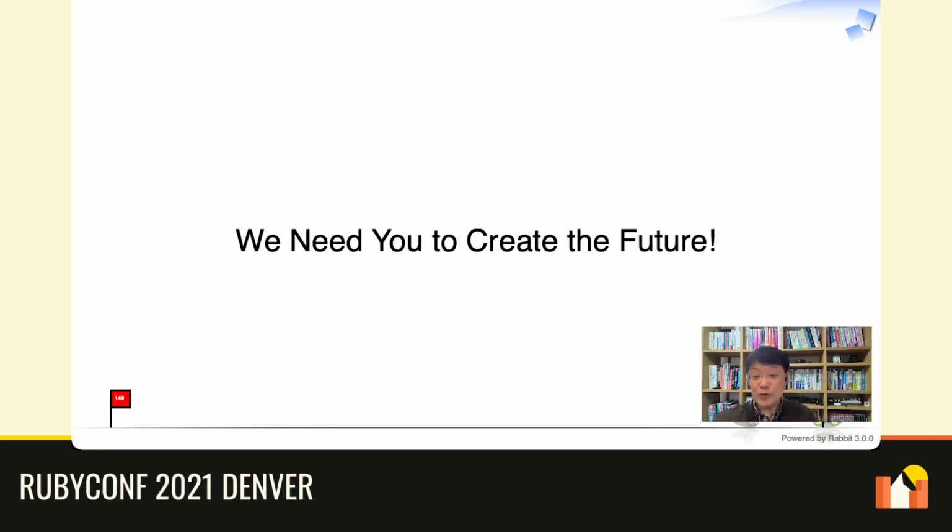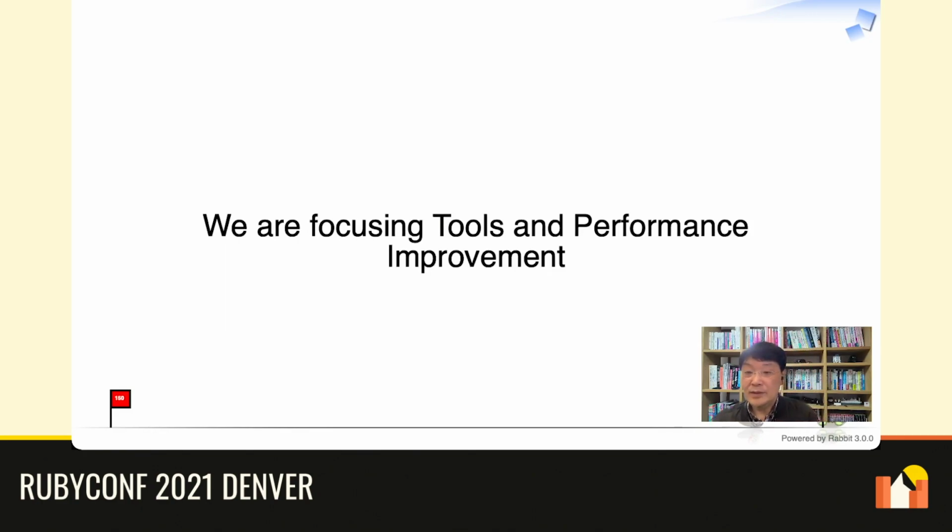And of course, future improvements also should be done by the community and the team members. We are focusing on performance improvement, so we need to encourage people and the community.